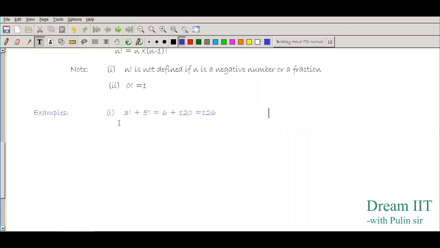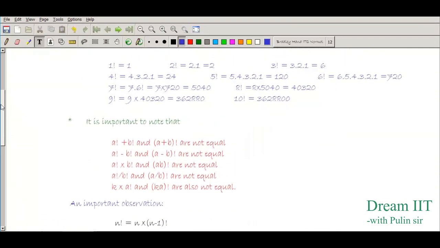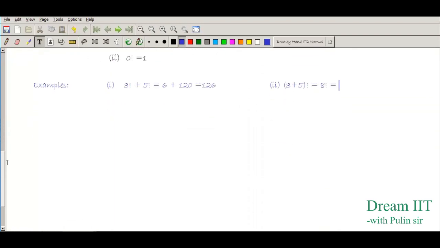Remember, at the same time, by the side, I would like to tell you what will be the answer of 3 plus 5 whole factorial. It will be equal to 8 factorial, and you already know 8 factorial is 40320.